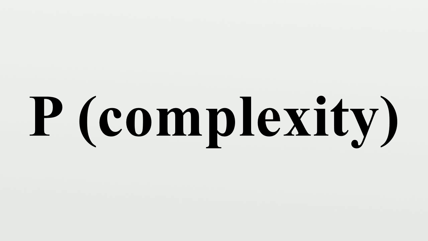The class of problems for which this is true for the no instances is called co-NP. P is trivially a subset of NP and of co-NP. Most experts believe it is a proper subset, although this remains unproven. Another open problem is whether NP equals co-NP.